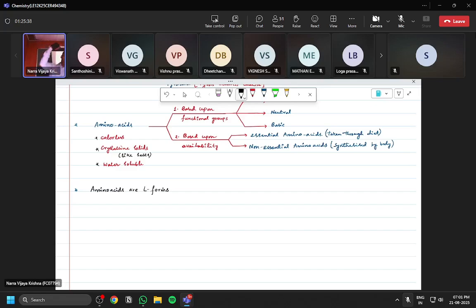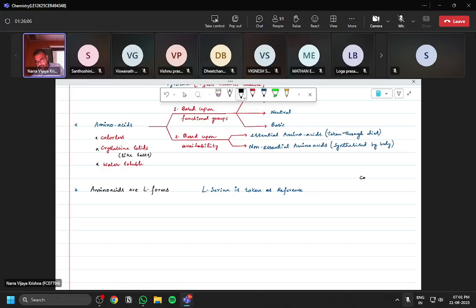For carbohydrates, which is taken as reference? D-glyceraldehyde. So here L-serine is taken as reference. Serine means take glyceraldehyde, and instead of OH, place an NH2 group.